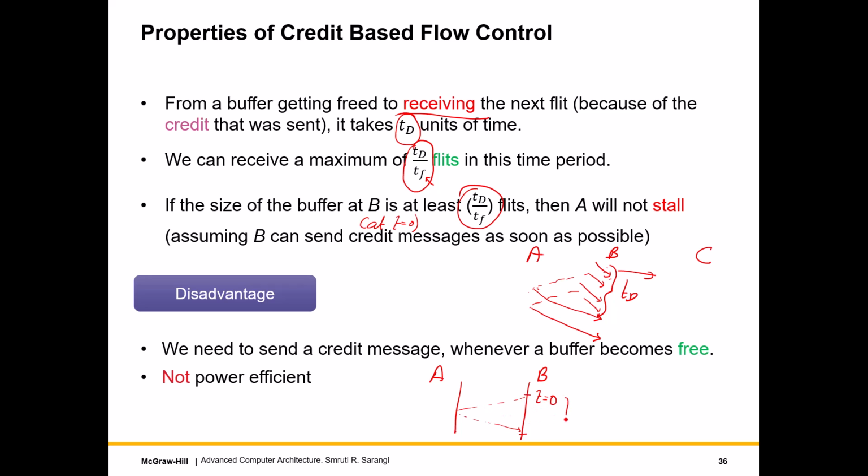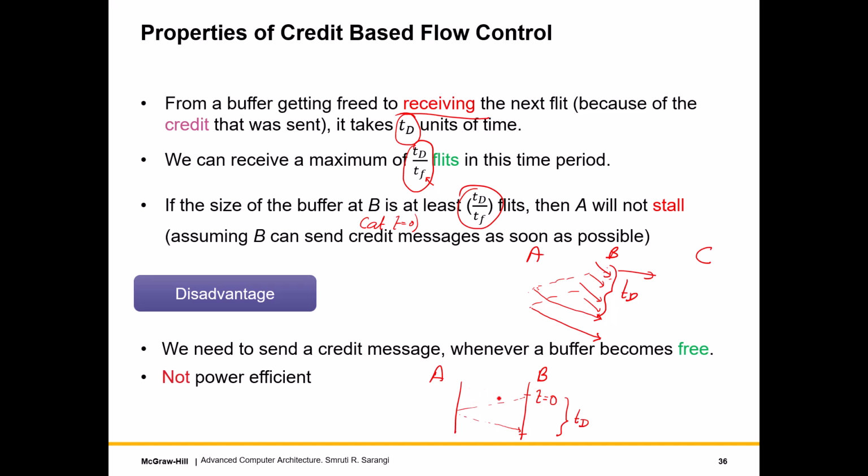So the question is, this time period is TD, and what is it that you expect A to do in this time period? The first thing could be that you expect A not to do anything and wait for the credit, but again A would have to stall, and that is not a good idea.